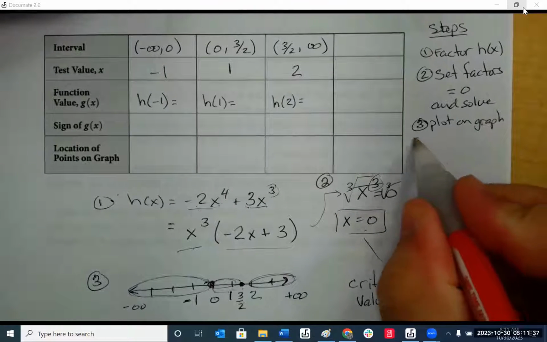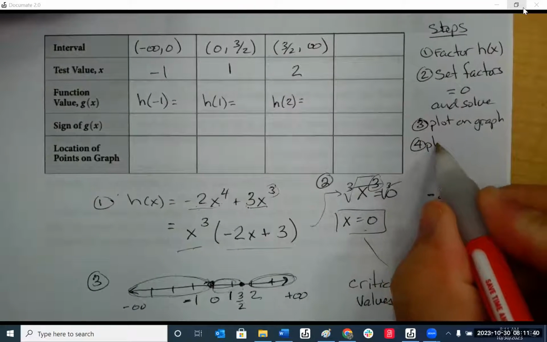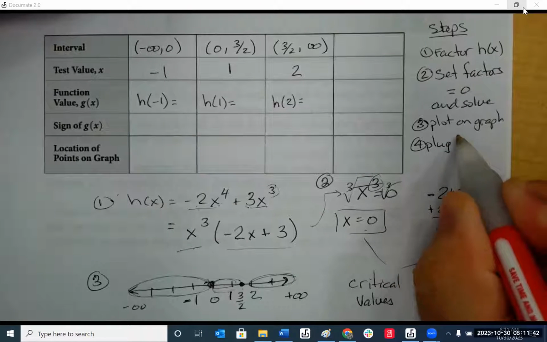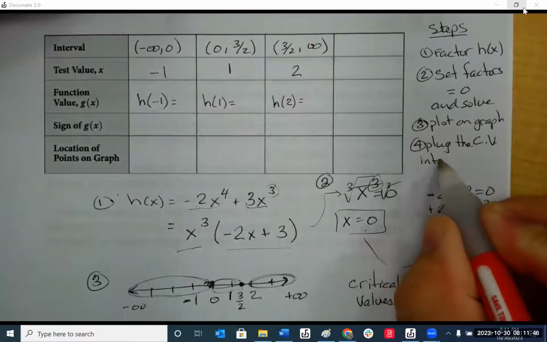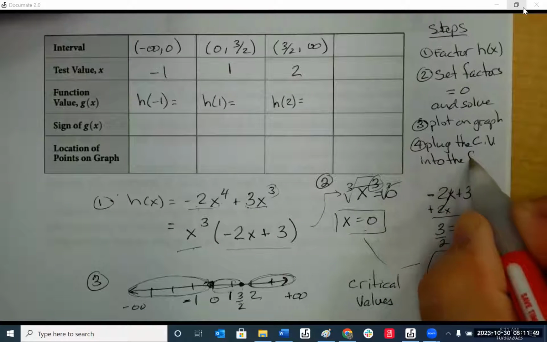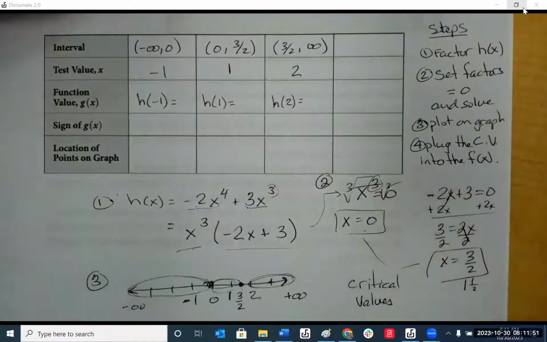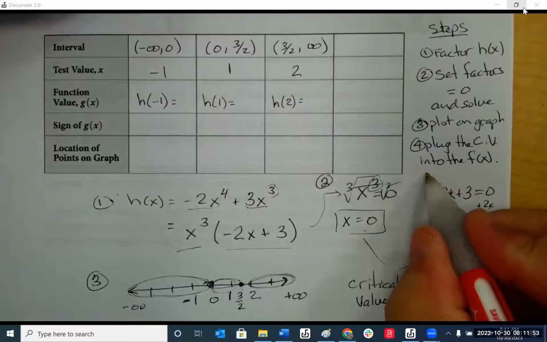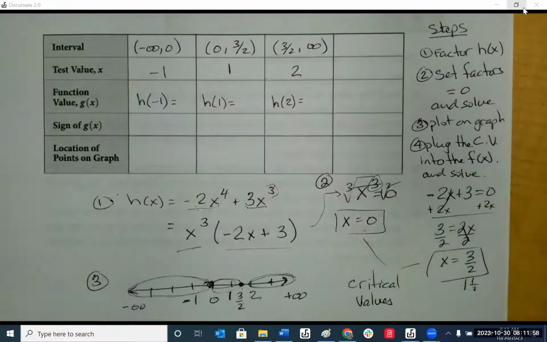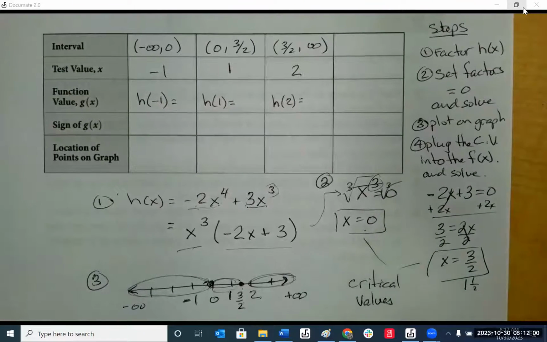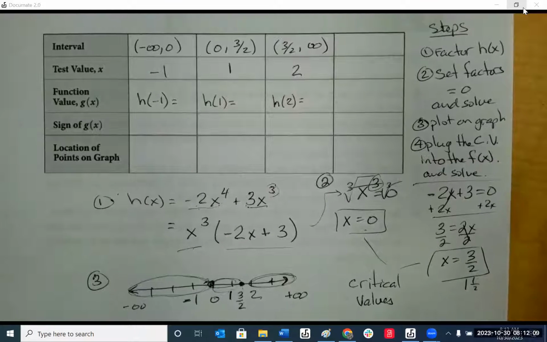So step 4: plug the values into the function and solve. All we're looking for is the sign; the value is really irrelevant, but we'll need it to graph anyway.